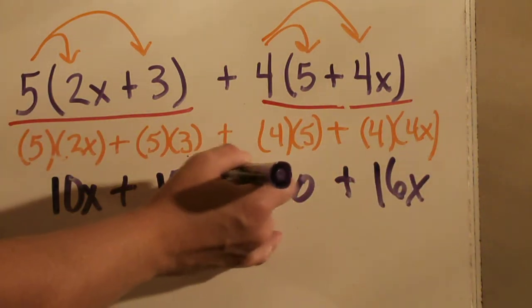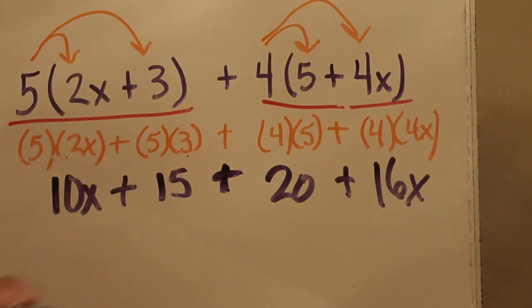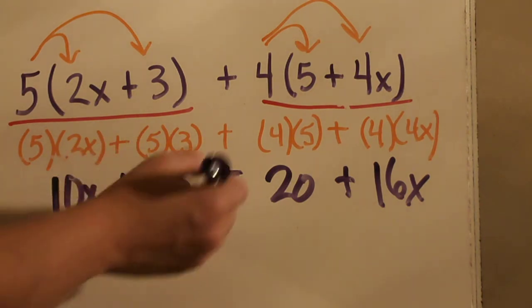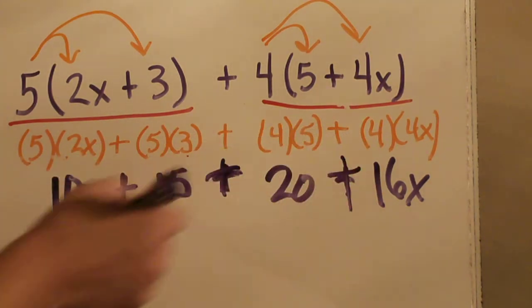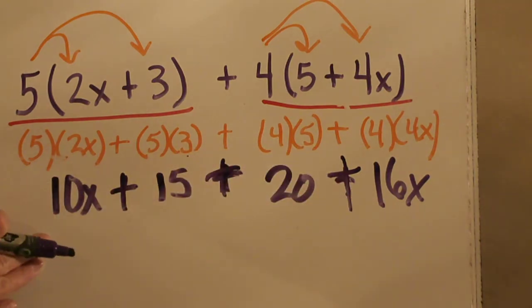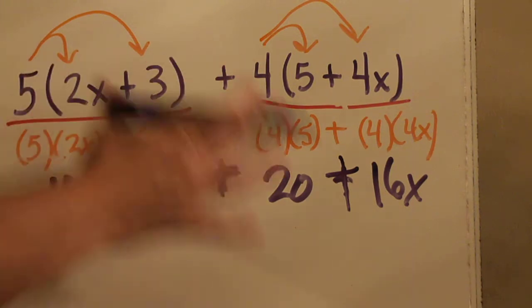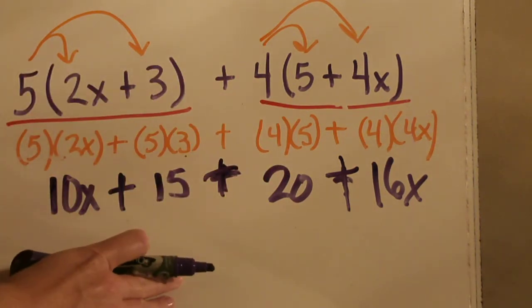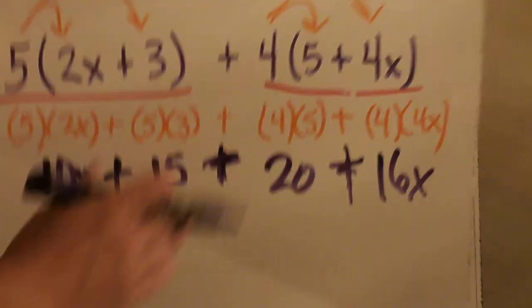Now we are still not finished because now we do have some terms that are considered like terms. And when you are adding, you can only add like terms. Because we want to simplify this expression, make it shorter, we will do so by combining like terms.